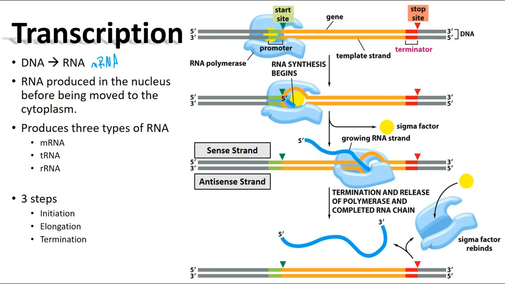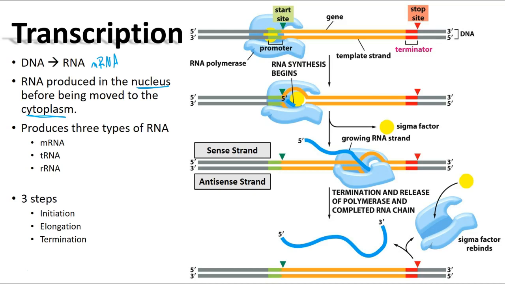This process occurs in the nucleus. It is going to use DNA, this being our double strand of DNA, in the nucleus to produce a strand of messenger RNA, which will travel out through the nuclear pore of the nucleus into the cytoplasm, where it will meet with a ribosome in order to produce a protein.